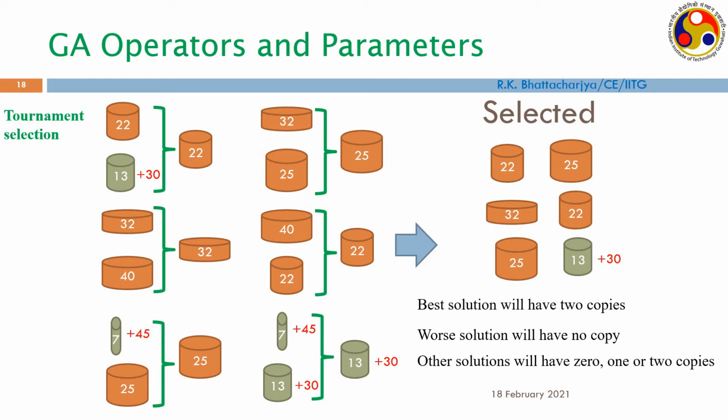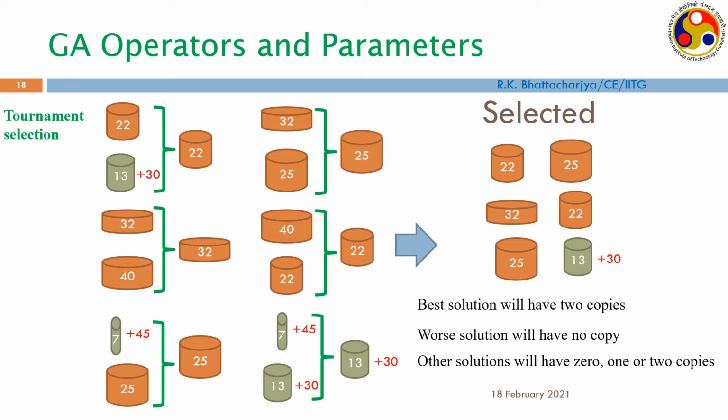As I said, suppose there are 6 solutions. If the tournament size is 2, at a time you pick 2 solutions, and one will be the winner and go to the next generation. How many tournaments can you play? Because your total population is 6, you can play 3 tournaments, so you select 3 winners.